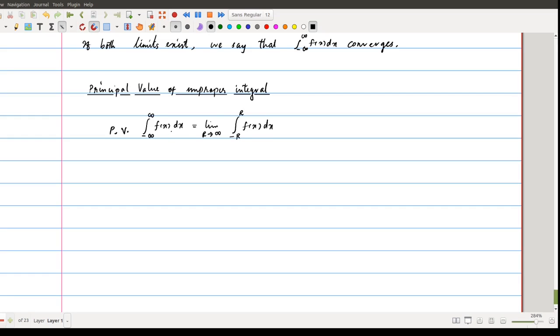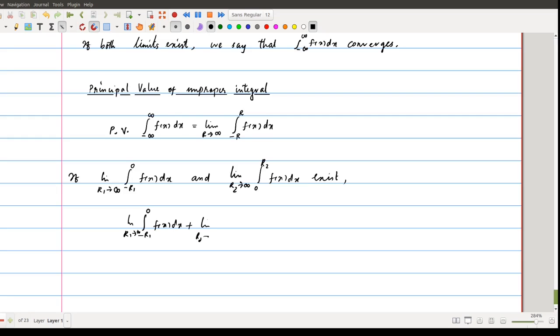Next we discuss the relation between convergence and the principal value. If these two limits exist, then you can write the sum of these two limits: the limit as r1 tends to infinity of the integral from minus r1 to 0 of f of x dx, plus the limit as r2 tends to infinity of the integral from 0 to r2 of f of x dx.